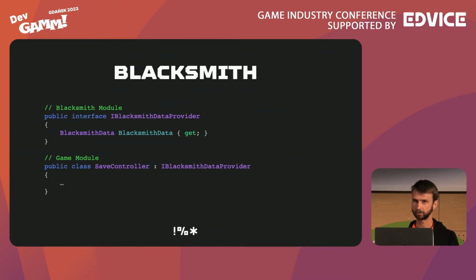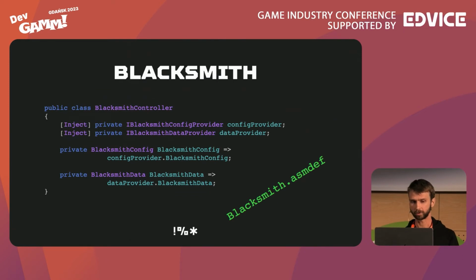Both those classes can use blacksmith data and blacksmith configs, because the dependency goes this way. And our blacksmith controller now is, again, independent. It can be moved to a different project, which does not have a game config controller or save controller, or has totally different implementations of those things, right?